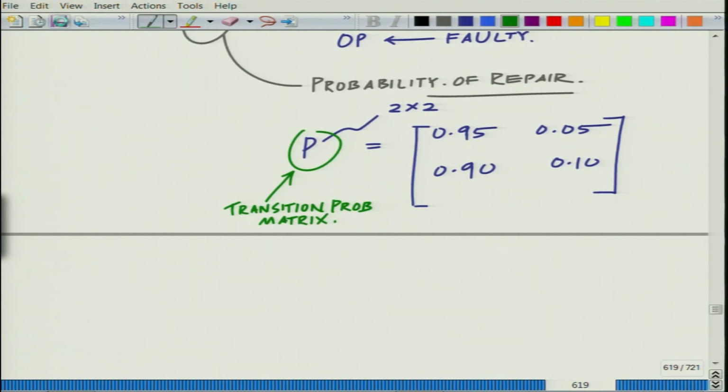Now you can see the rows correspond to the initial state, the columns correspond to the final state, and the sum of each row is equal to 1. This is your P11, this is your P12, this is your P22 and this is your P21, and you can see the sum over each row equals unity. All right. So, this is the transition probability matrix for this problem.